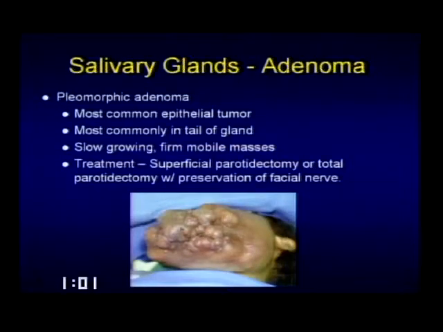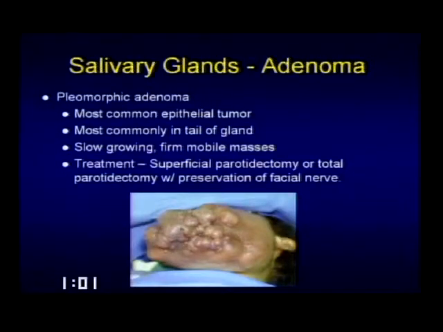The treatment is aimed at removing all involved tissue, not necessarily removing the entire parotid gland. A superficial parotidectomy or a total parotidectomy that preserves the facial nerve would be adequate treatment. Just remember, you need a zone of normal tissue around the parotid tumor when resecting this.